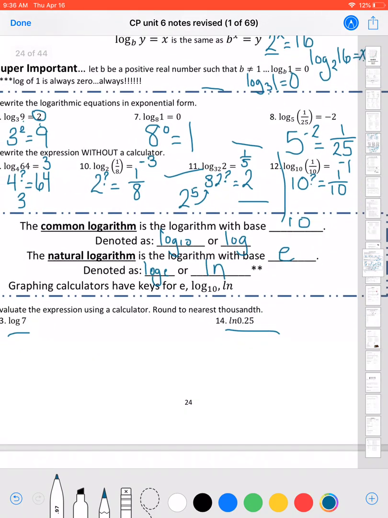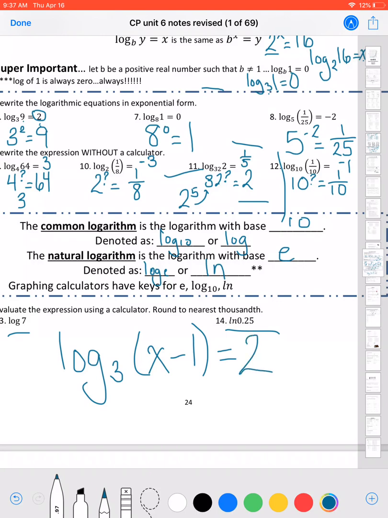Last thing I want to put in this video, I saw a question on Odysseyware that looked similar. It wasn't exactly like this. It was like log base something of x minus 1, and they said it was equal to, I don't know, 2.